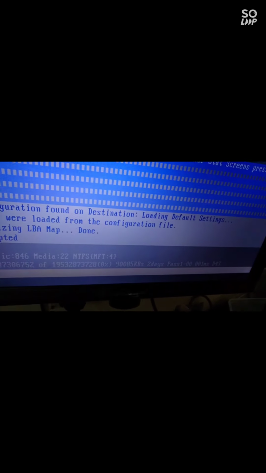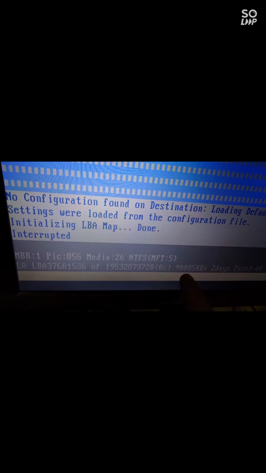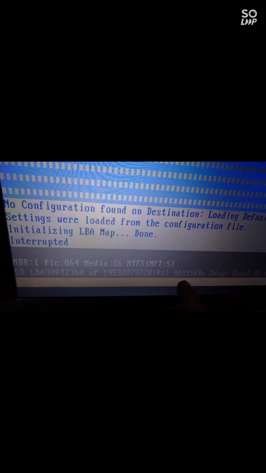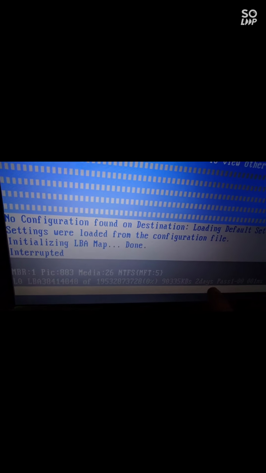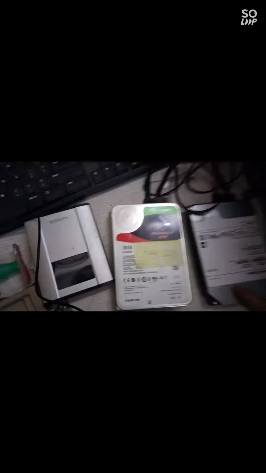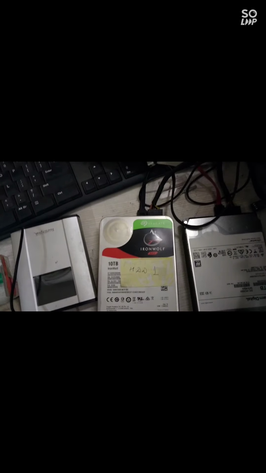If we see here, it's 90 MB per second. It's going to take 2 days for 10 TB to get imaged onto the 12 TB drive for the further extraction of data, but still we need 2 more hard drives for the RAID that will be imaged.